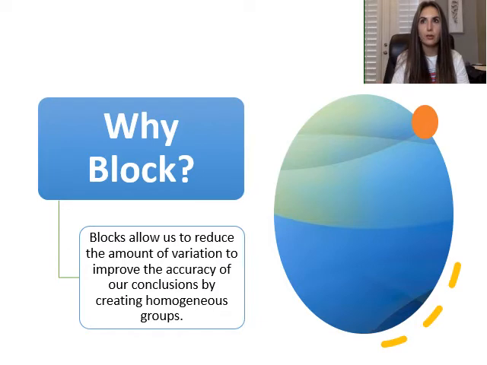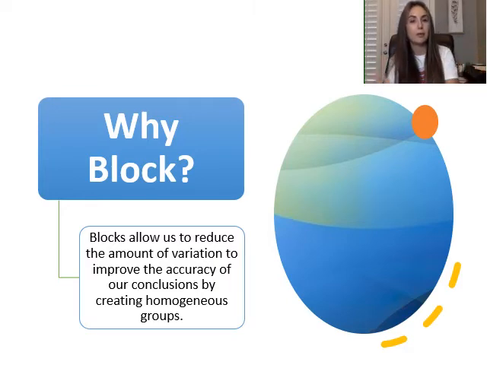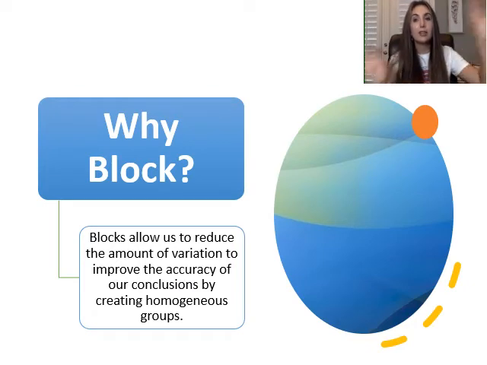So really, why block? Why is it important, like I said in the other slide, that medication is going to affect someone that's older or younger differently? Well, blocking allows us to reduce the amount of variation to improve the accuracy of our conclusions by creating more homogeneous groups. So like I said in the previous slide, we would have groups that contained people that were older and then groups that had people that were younger, because we think that the drug may affect those groups differently.